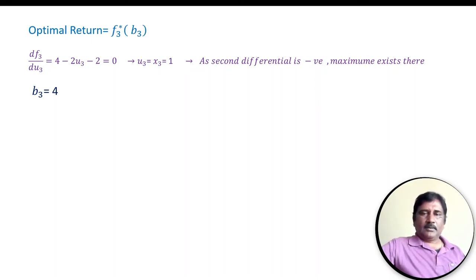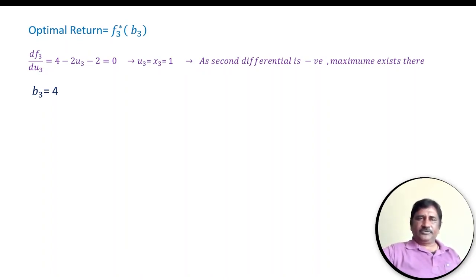Now here, as we are seeing, the right hand side of the constraint given in the original problem was less than or equal to 4. As the value of the state goes on increasing from 0, the return also goes on increasing, and obviously the best return will be available to me at b3 equal to 4, right?